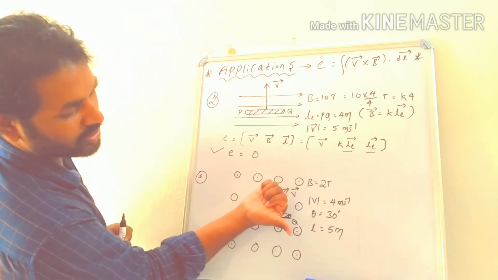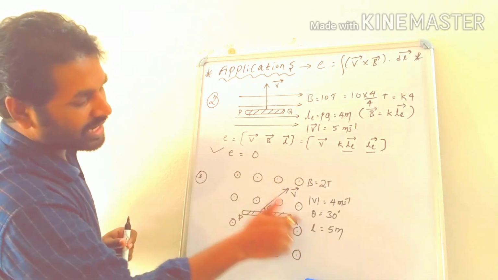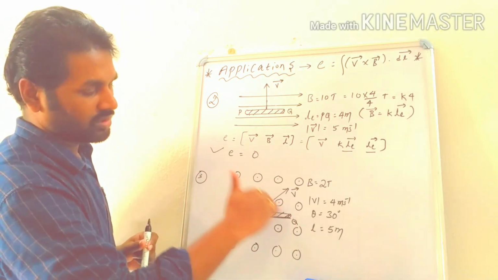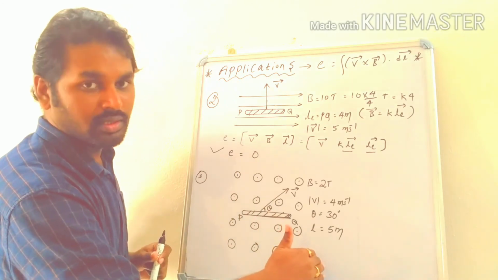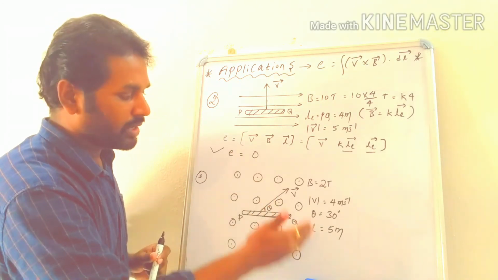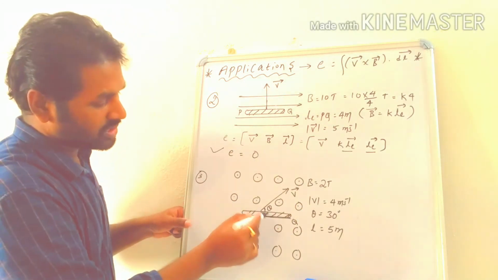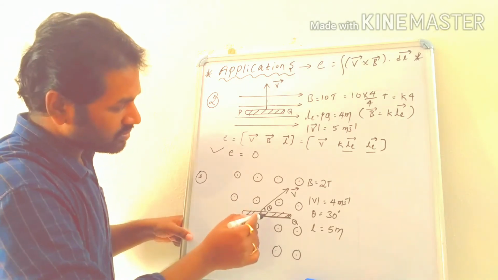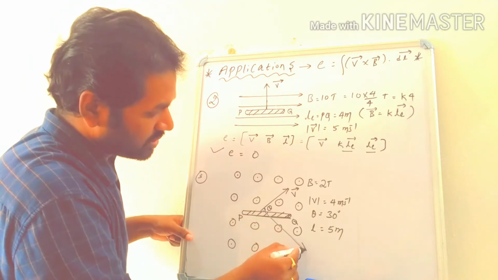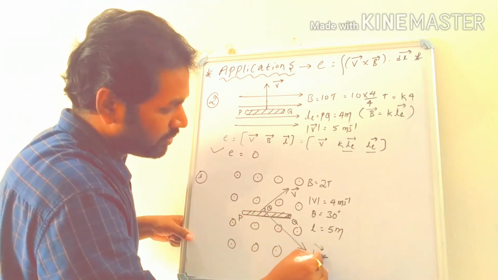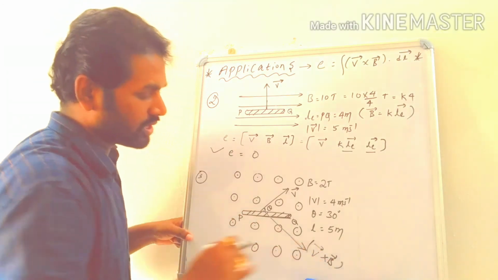cross B bar. The thumb, you can see the thumb which is inclined in this direction. So V bar cross B bar direction is going in this way. So the length of the conductor should be perpendicular to this one. So this is, I'm drawing here, this is the direction of V bar cross B bar. Is it okay?